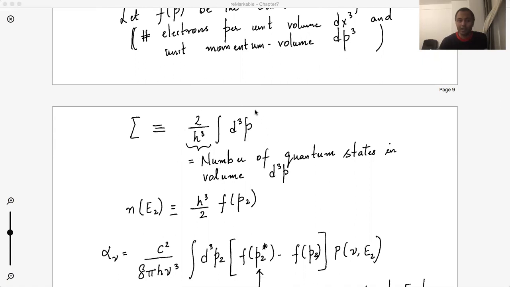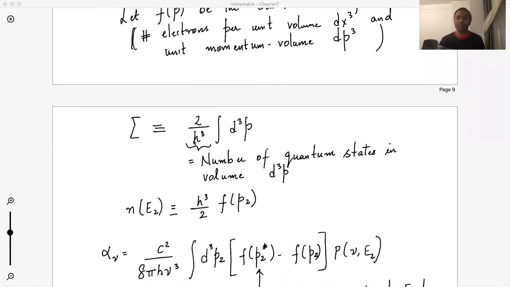Okay, and I'll tell you why this makes sense. The reason is 2 over h cubed is the number of quantum states in volume d cubed p, right? Because h tells you the size of the grid. 2 over h cubed gives you the total number of states in a continuous volume d cubed p.